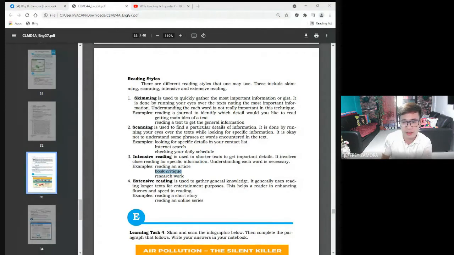What is your criticism on that specific book, or what can you say about that book? And if you are giving that criticism, your reading style is what you call intensive reading, because you understand each word, or you understand each scenario on that specific book. So that is what you call intensive reading.